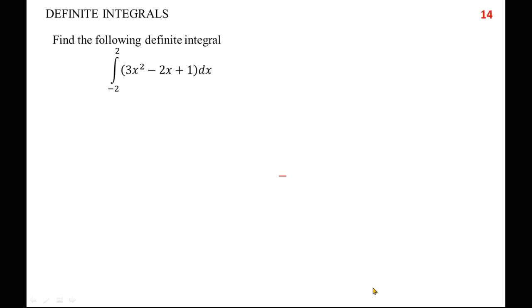This is question number 14. Find the following definite integral. This is the definite integral of 3x squared minus 2x plus 1 with respect to x, with the lower boundary negative 2 and upper boundary 2. So the solution is to find the integral or the antiderivative of this function.